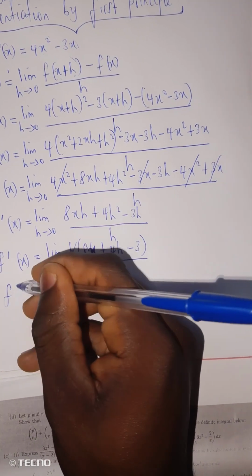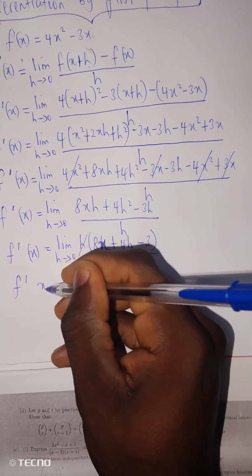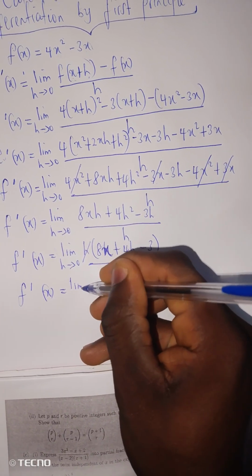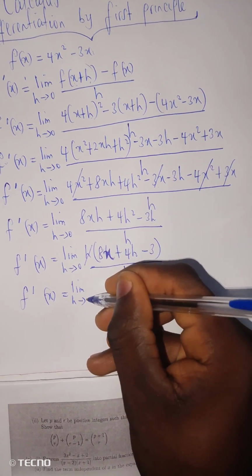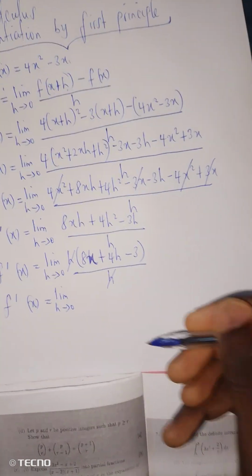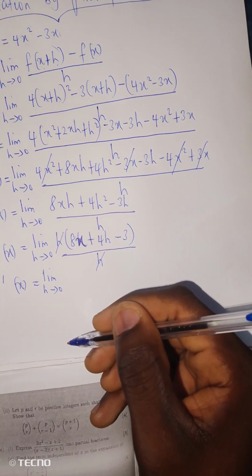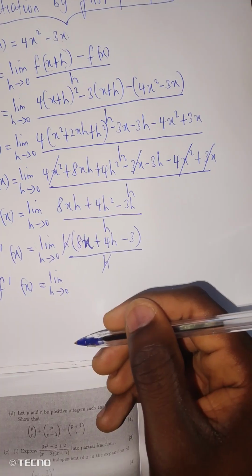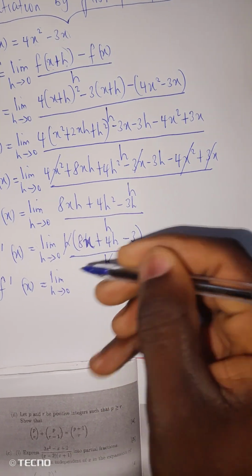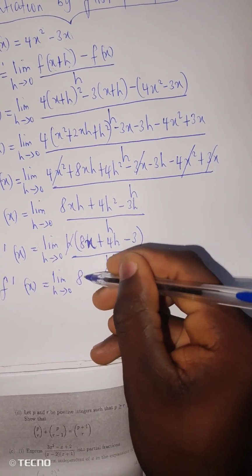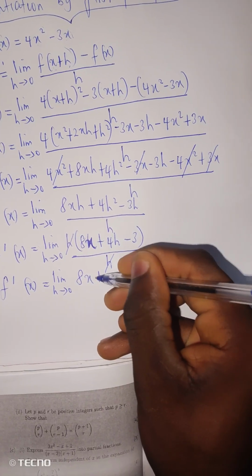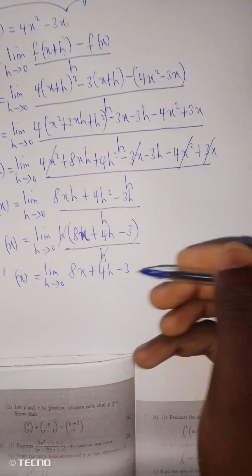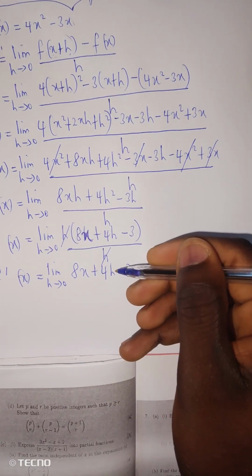So f prime of x will be equal to the limit as h approaches 0. Okay, so at this point now I can substitute. So I have 8x plus 4h minus 3. I can substitute 0 where there is h.